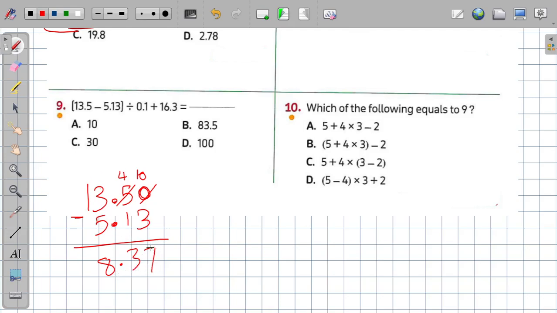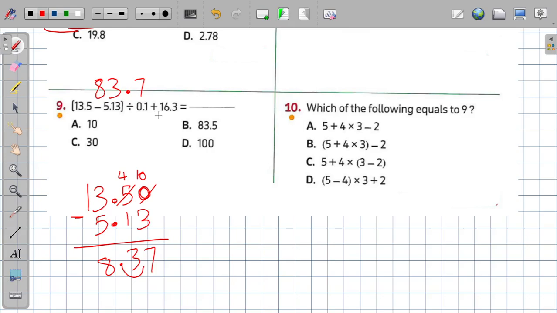8.37. And I will divide this number by 0.1. So dividing by 0.1 makes me move the decimal point one place to the right. So I have 83.7.